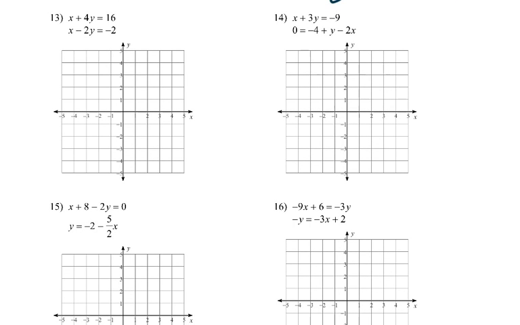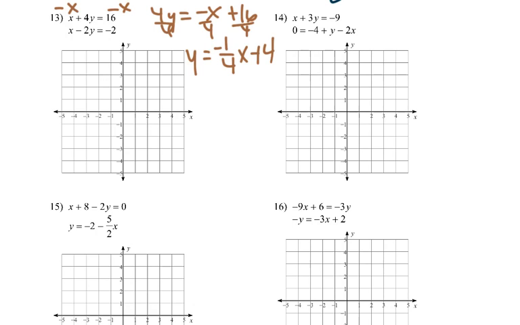Okay, number 13. Subtract an x from both sides. 4y equals negative x plus 16. Divide by 4. Y equals negative 1/4 x plus 4. So up to positive 4. Down 1 to the right 4, or up 1 to the left 4.